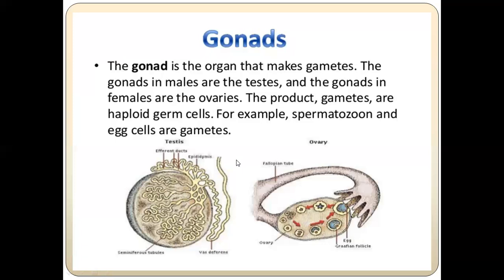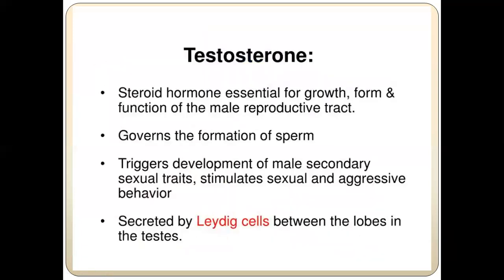Now, what about the hormones secreted by the male reproductive organ? This hormone is testosterone. Now, how are these hormones secreted? We have studied the pituitary gland, and we told you that the pituitary gland has two lobes, the posterior lobe and the anterior lobe.